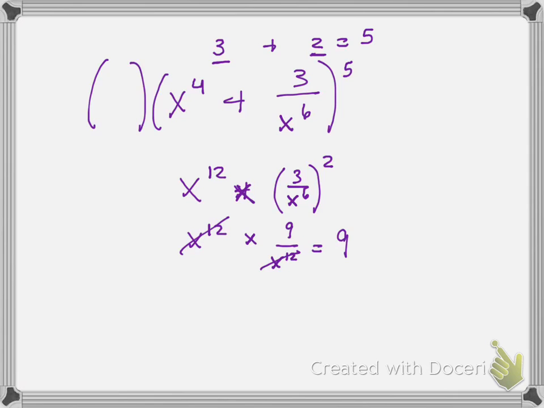Since it's all raised to the 5th, we have a 5 up top, and again we put the bottom in, whatever the second value is that we're using, so we use 2, and the Pascal number for 5 and 2 happens to be 10, so we multiply this by 10, and this is going to equal 90.